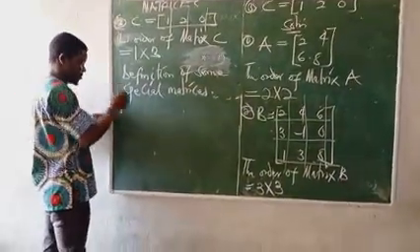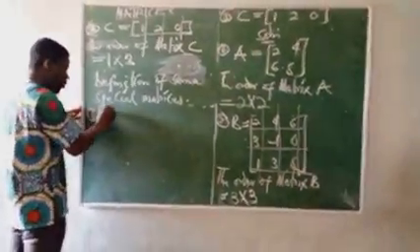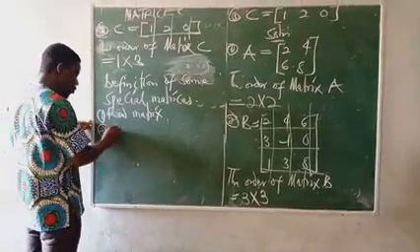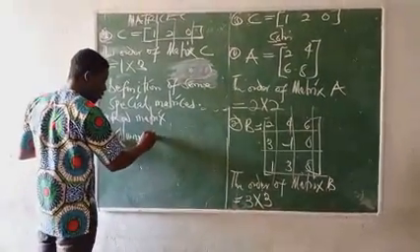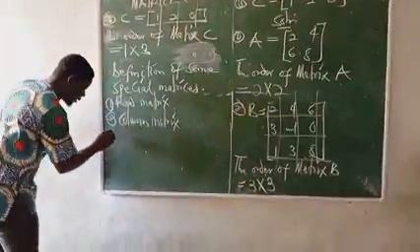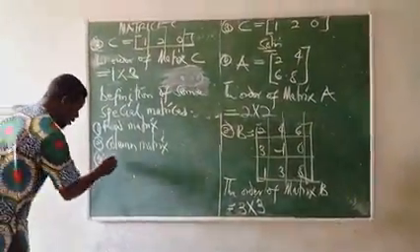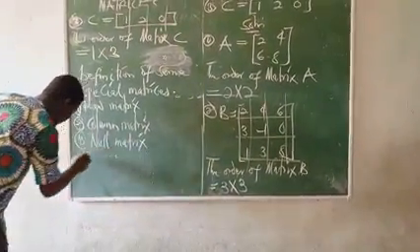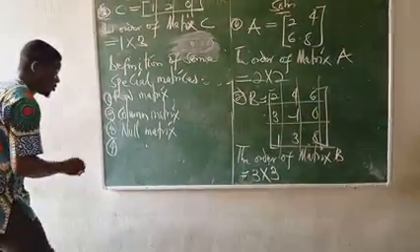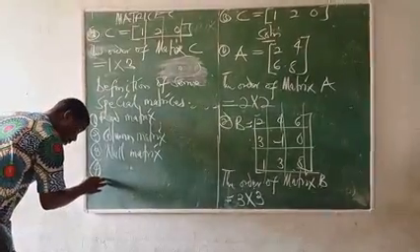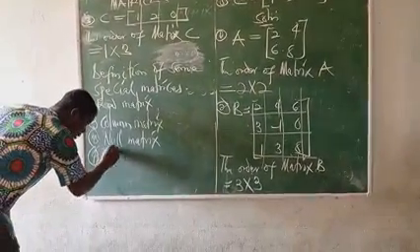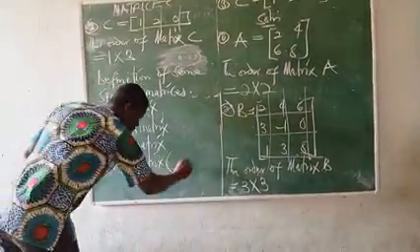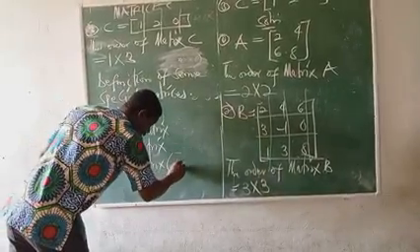So we have the first special matrix, what we call the row matrix. Then secondly, we have the column matrix. And thirdly, the null matrix. And the fourth type of matrix is what is referred to as a unit matrix, which is also called an identity matrix.